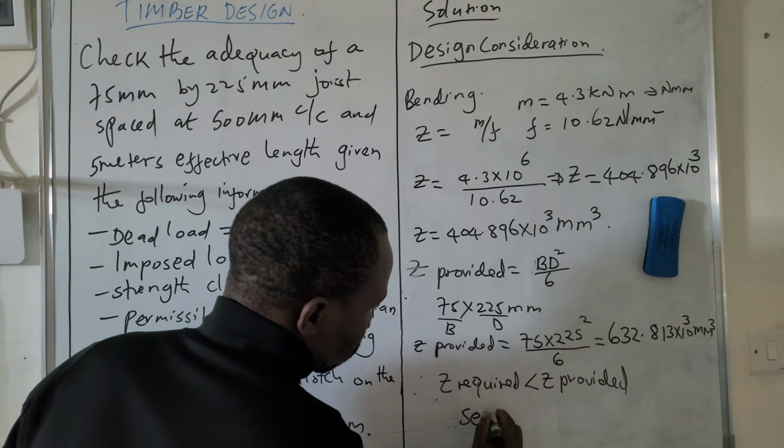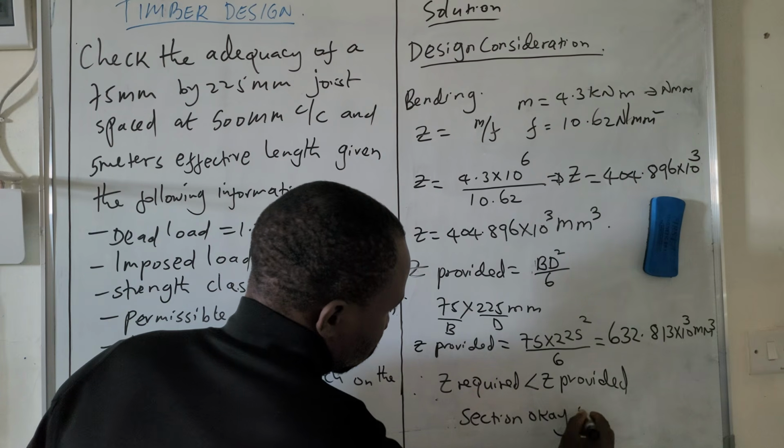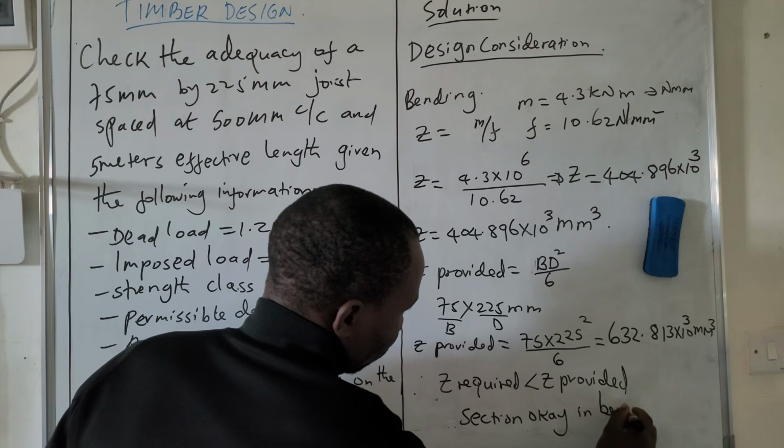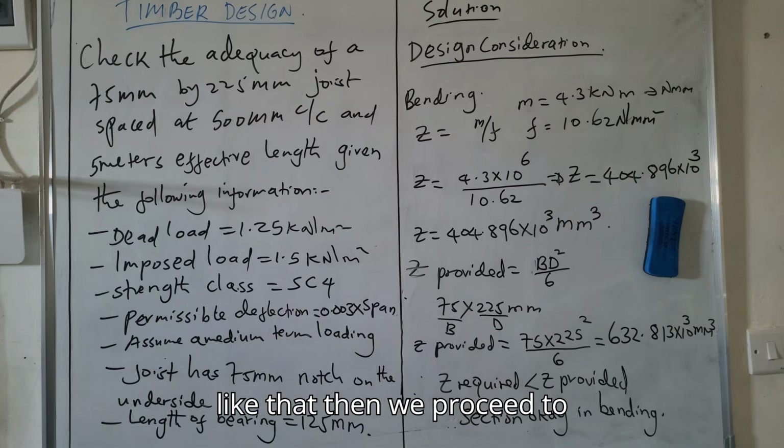Section okay in bending. Then we proceed to shear parallel to grain.